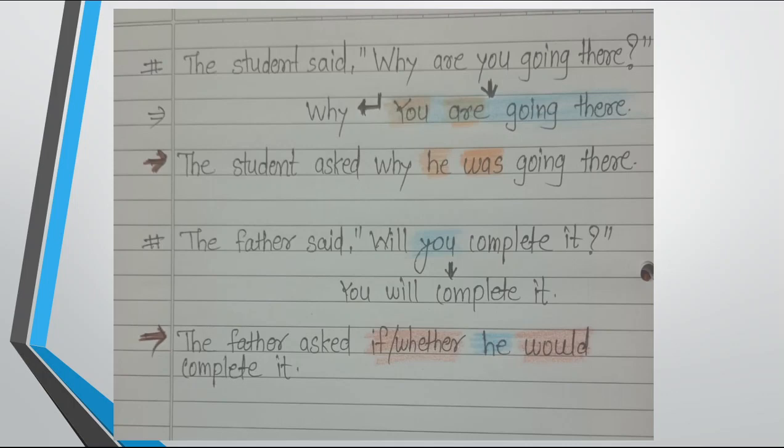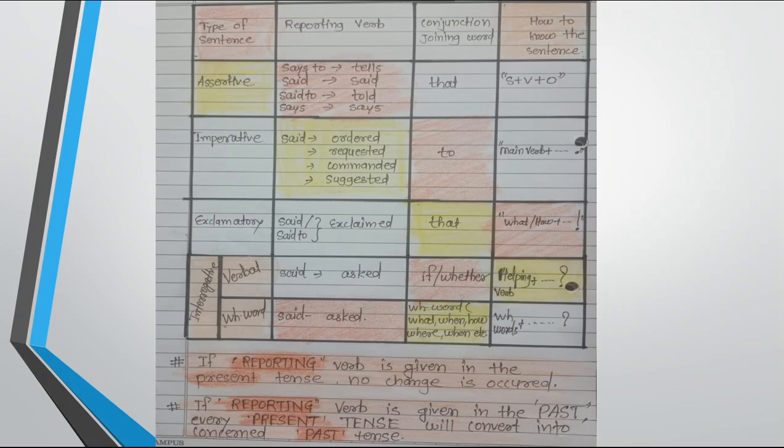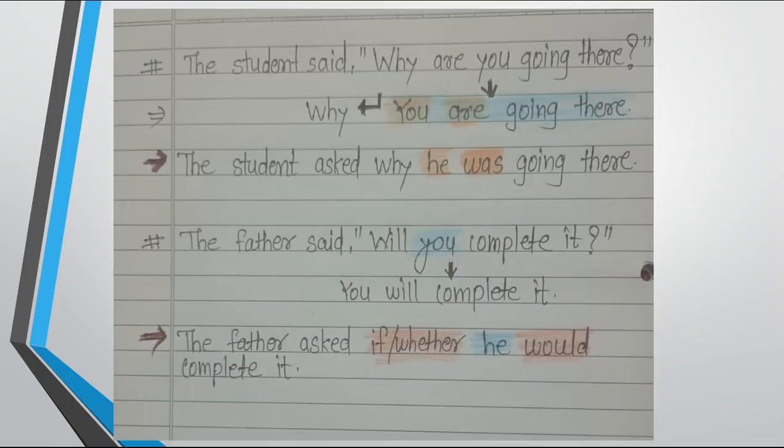It is a verbal sentence, so while joining two sentences use if or whether. I have used here if or whether. You can use only one. If would be appropriate, because if you use if, it would be very easy to understand and to remember.